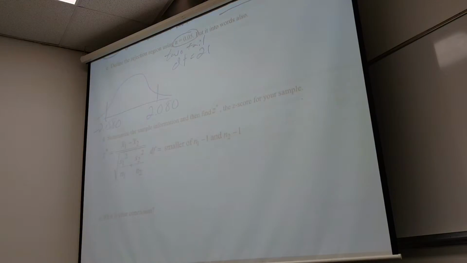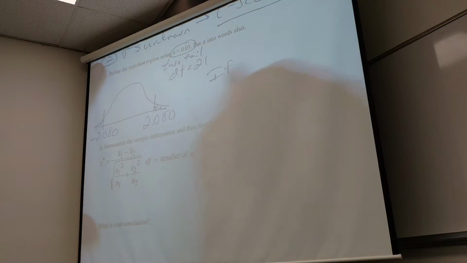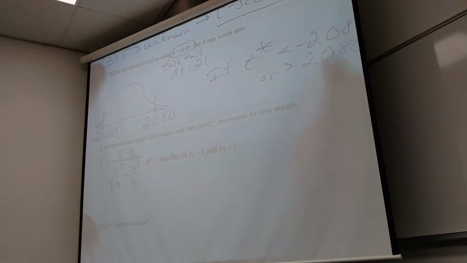So how do I say this in words? If t star is less than negative 2.080 or greater than 2.080, then we can reject the null. Said with gusto.